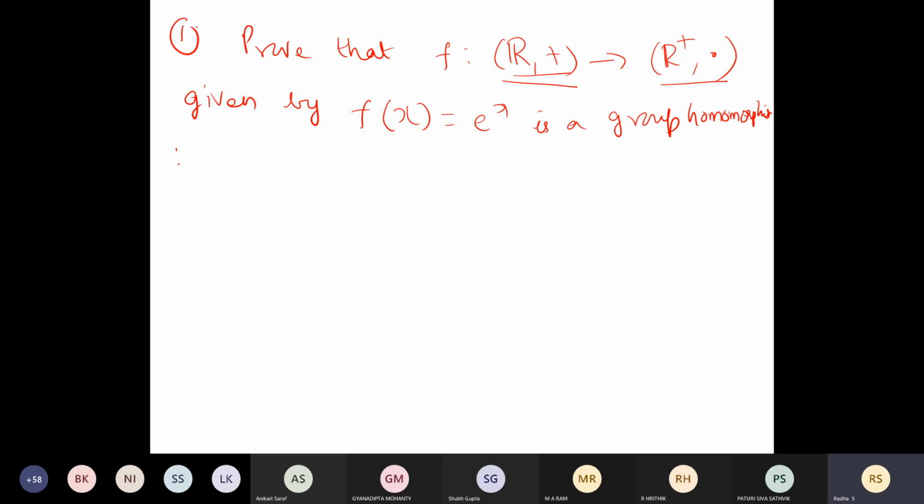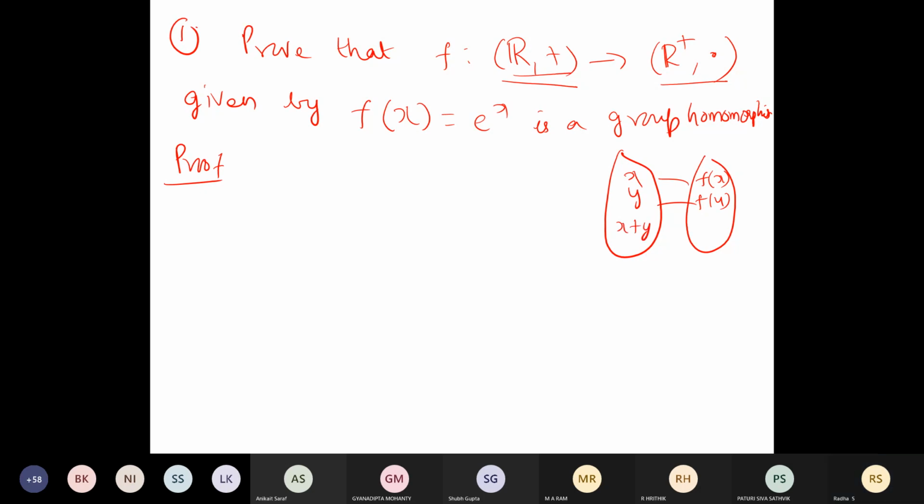So what should be my aim? I take two elements here. Usually they will be mapped onto f of x, f of y. What is the operation in this group? It is x plus y. So where does x plus y go? It should go to f of x plus y.